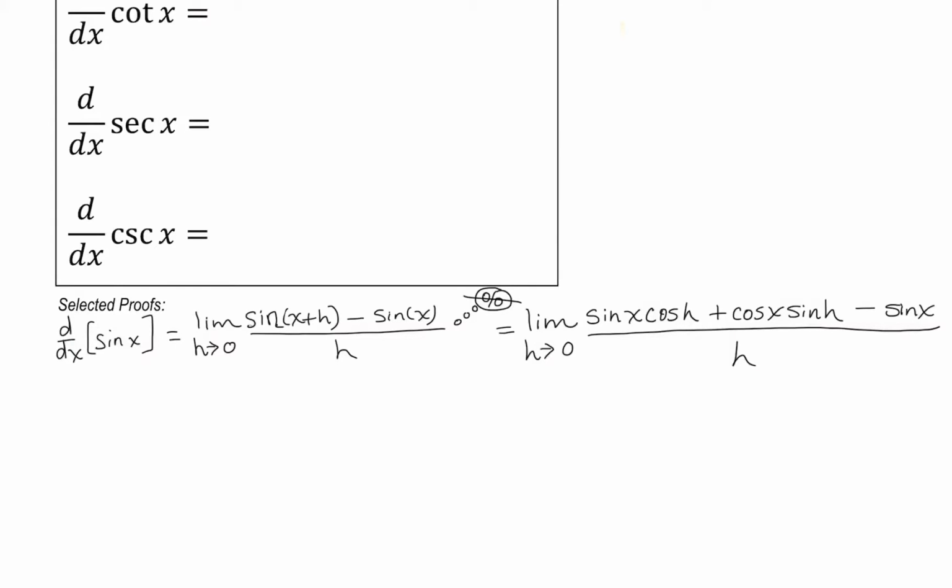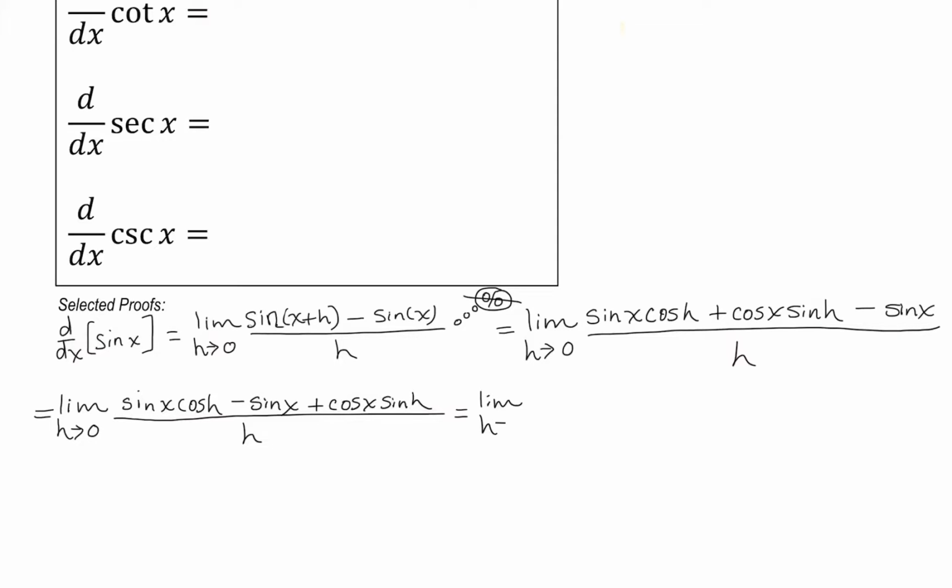All right, so now we're just going to do a little bit of algebra here, and I'm going to reorder a couple of terms and then factor out sine of x. So this is sine of x cosine of h, let's switch and make that minus sine x, and then plus cosine x sine of h. And now what I want to do is factor out sine x, and at the same time rewrite this as two different terms.